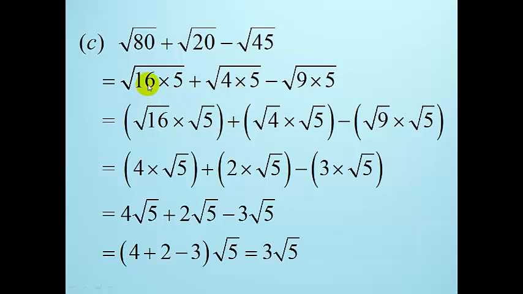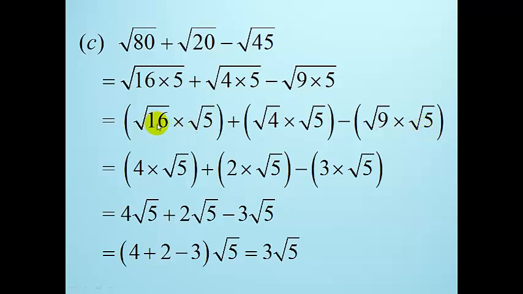Now the square root of 16 times 5 is equal to the square root of 16 times the square root of 5, plus the square root of 4 times 5, which is also equal to the square root of 4 times the square root of 5, minus the square root of 9 times 5, which can be expressed as the square root of 9 times the square root of 5.